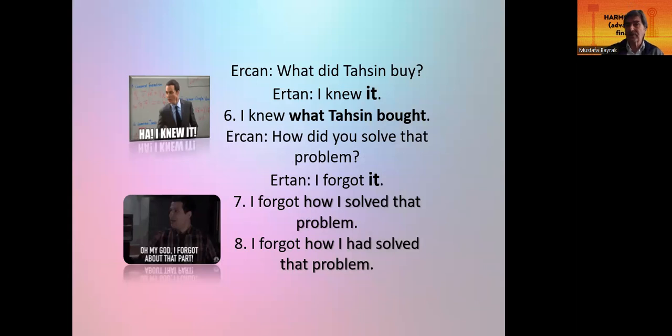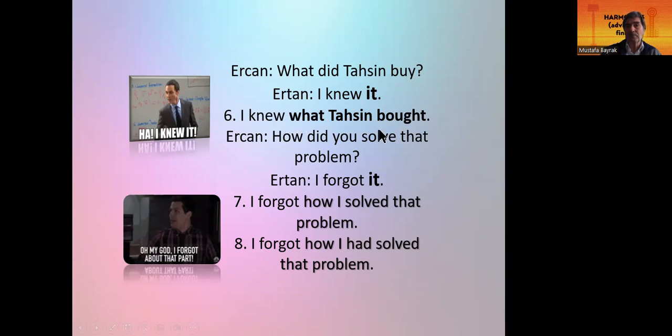I forgot how I solved that problem. Let's turn back to the first one. I knew what Tahsin bought. "I knew it" means I knew what Tahsin bought, not "what did Tahsin buy", not a question word. It is very clear, isn't it? I knew it, the object. I knew what Tahsin bought.